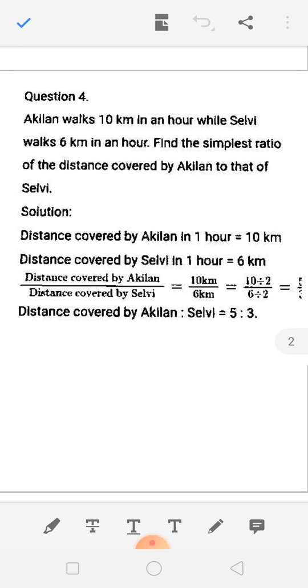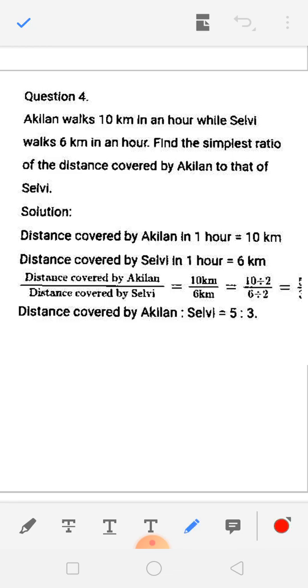And question number 4 is, Agilan walks 10 km in an hour while Selvi walks 6 km in an hour. Find the simplest ratio of the distance covered by Agilan to that of Selvi. So first of all, I am writing the information given in the question.